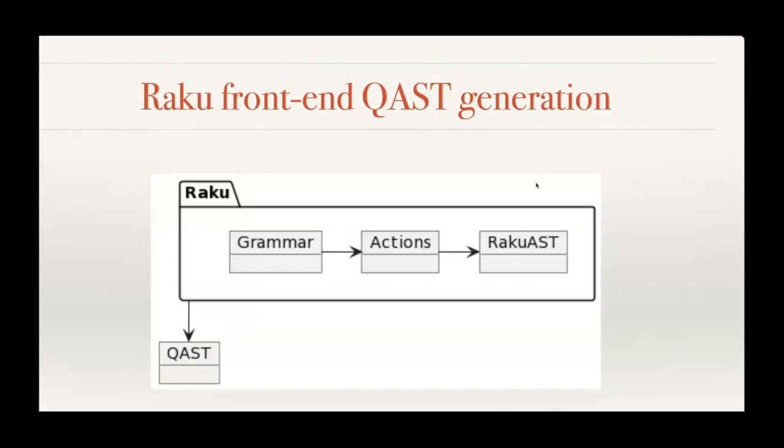So this is a gratifyingly simpler generation model that exists for RakuAST. We have a mostly one-way flow from grammar to actions into RakuAST. So the advantages here are clear from the outset.